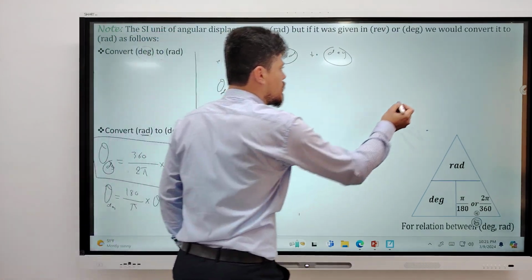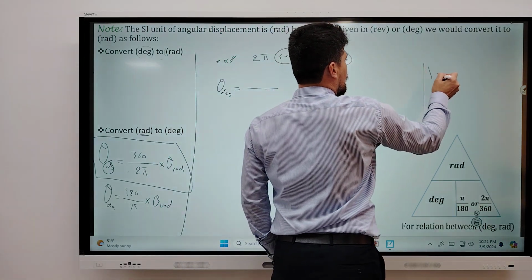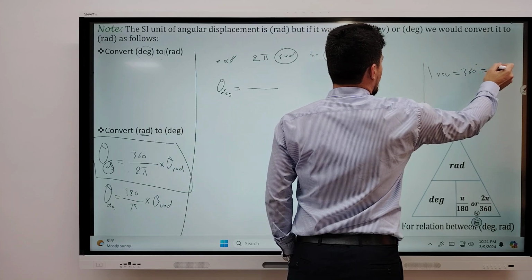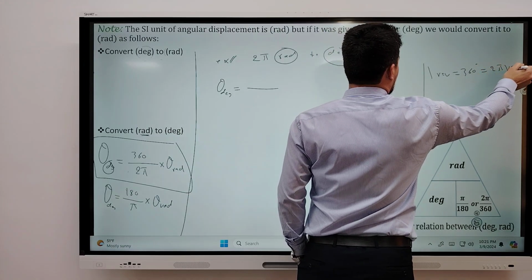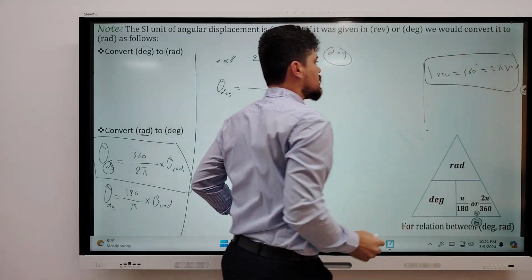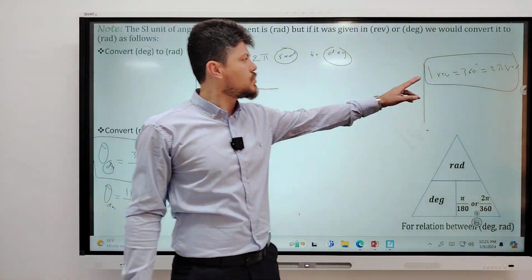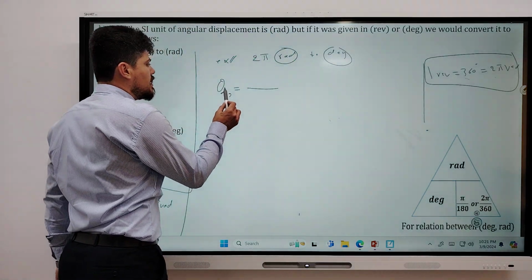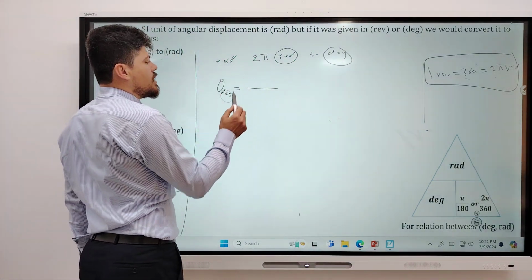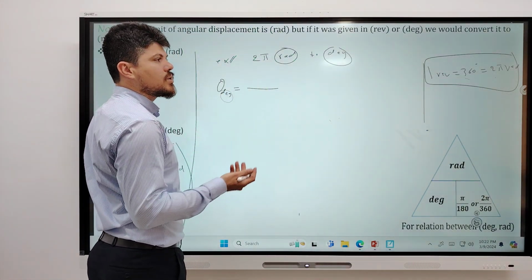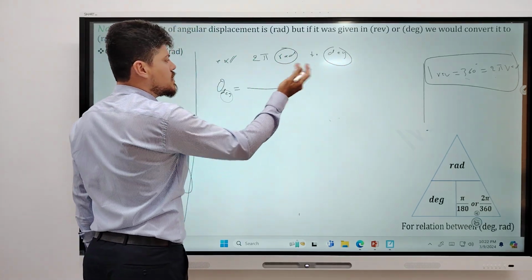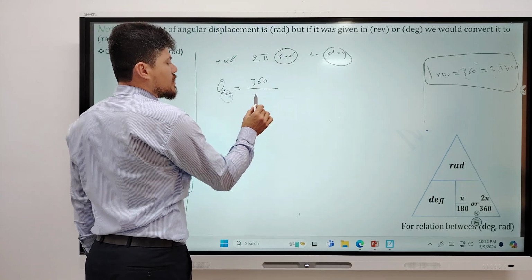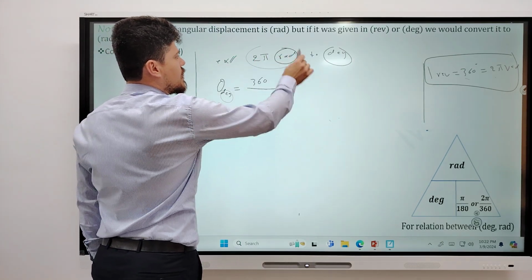You also know that for one revolution, we have 360 degree and 2 pi rad. To find theta in degree, in the numerator you have to write down the magnitude of the degree. How many degrees do we have for one complete cycle? 360. And for the denominator you have to write down the rad.